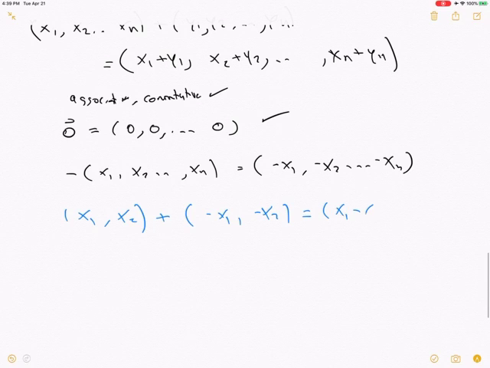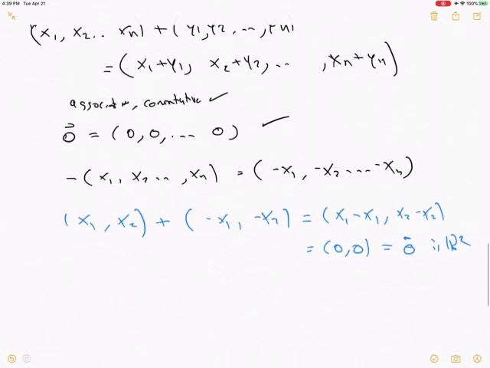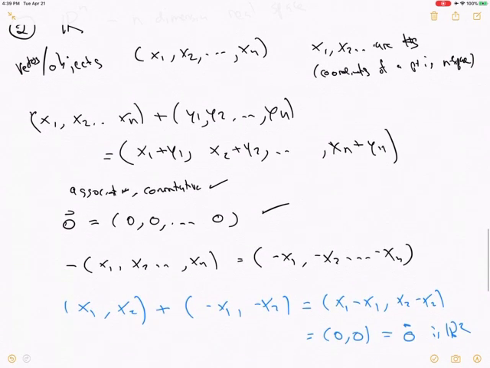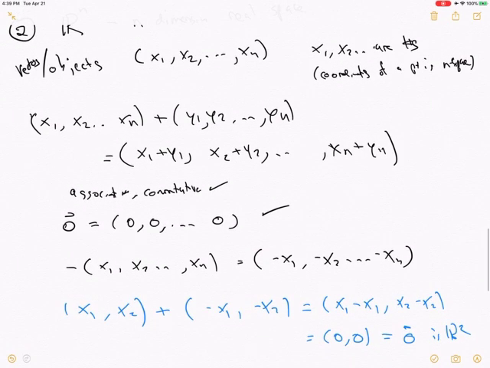So you get x1 minus x1, x2 minus x2, and of course that gives you 0, 0, which is the zero vector in R2. So each element has an inverse. That tells us everything we need to know about vector addition. So that's how we define addition.